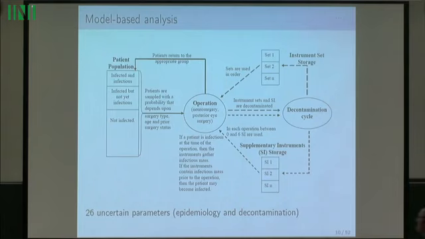And this model had lots of parameters, but at least 26 uncertain ones to do with the epidemiology, so what proportion of the population are currently infected for different age categories, what the incubation periods are and so on, how effective the decontaminant is at removing prions and so on. So we did quite a big elicitation exercise to come up with input distributions for all the things that we are uncertain about.